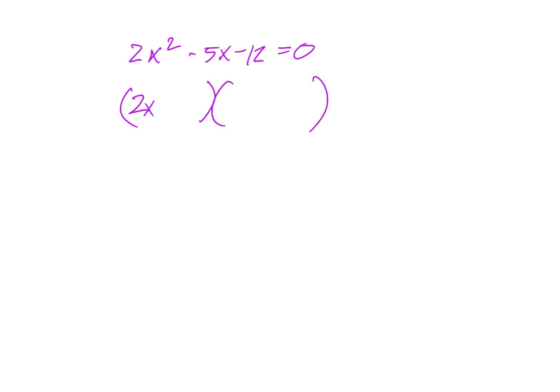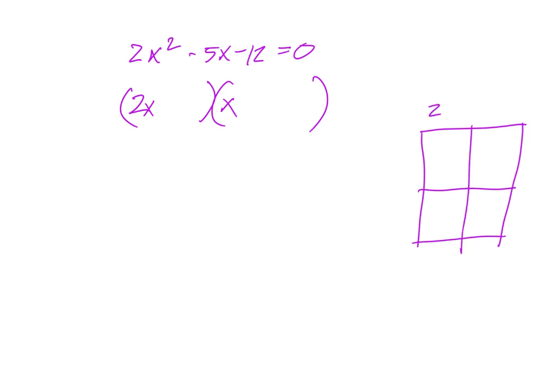So this will be 2x and this will be x. And some of you are kind of start thinking like the box method here. So 2x and x. I need numbers that are going to multiply to -6. So maybe I have a +6 and a -2 as my first guess.